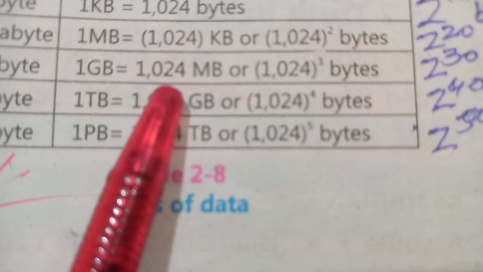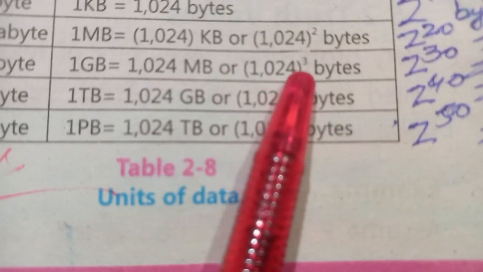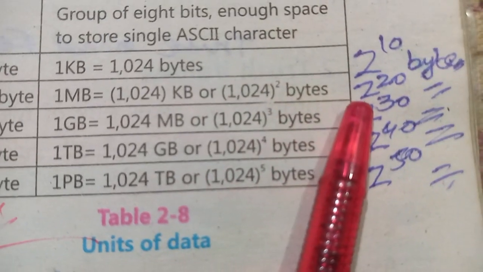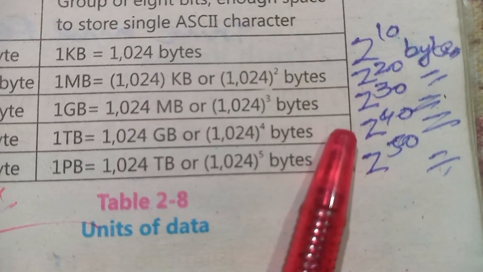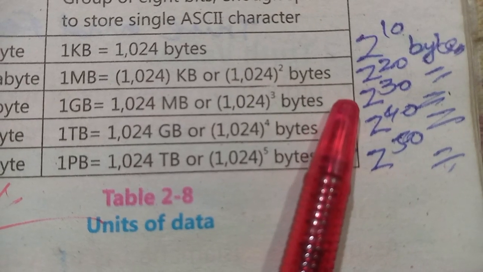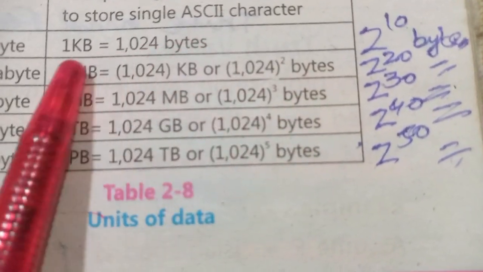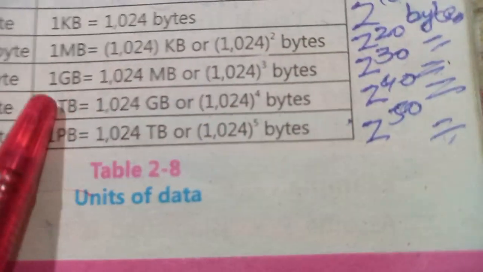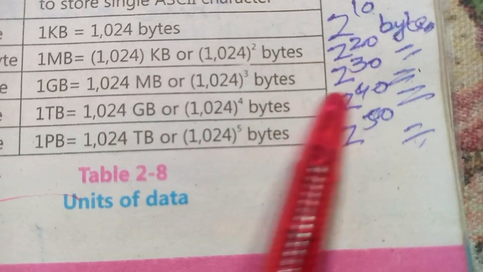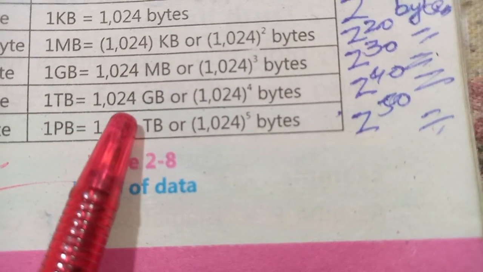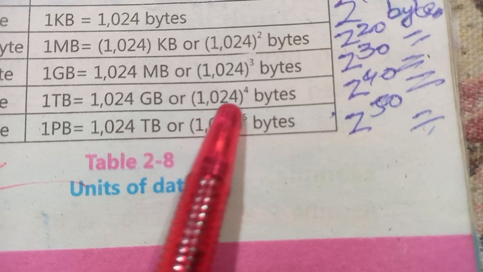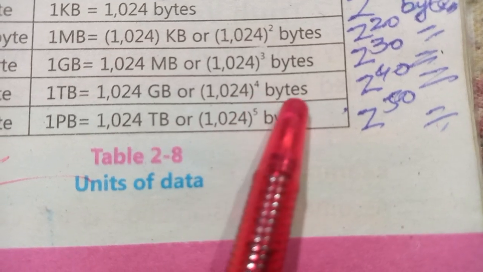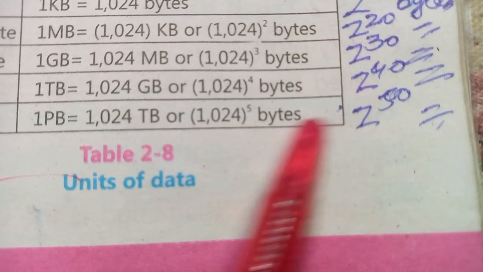Sorry, 1 KB equals 2 raised to power 10 bytes, 1 MB equals 2 raised to power 20 bytes, 1 GB equals 2 raised to power 30 bytes, and 1 TB, or 1024 GB, equals 1024 raised to power 4 bytes, or 2 raised to power 40 bytes.